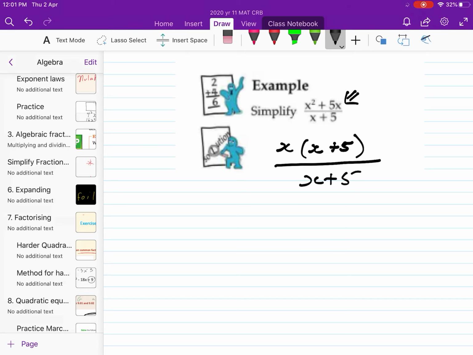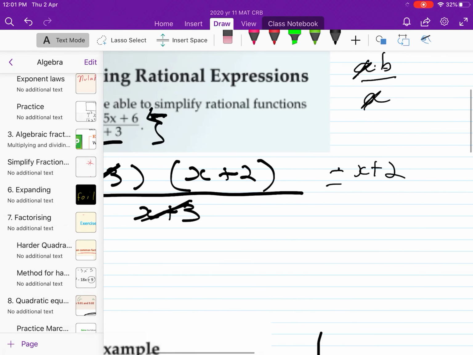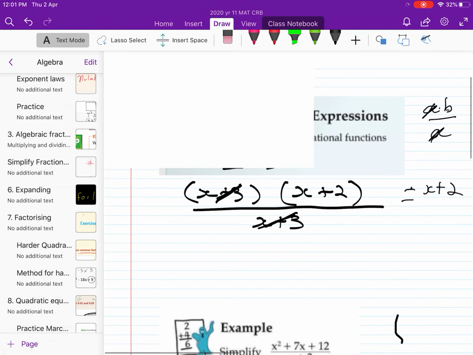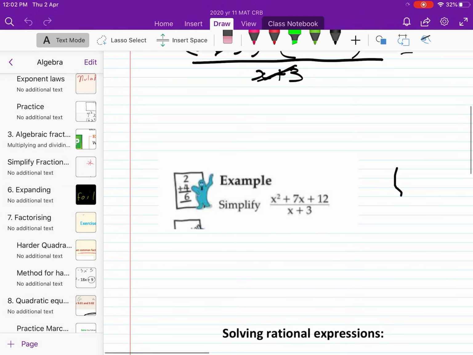You see, if you do these right, something will always end up canceling away. So again, I've got this a times b over b thing. Well, the b's cancel, and this just simplifies to x. Pretty simple stuff if you recognize what they are and how they work.